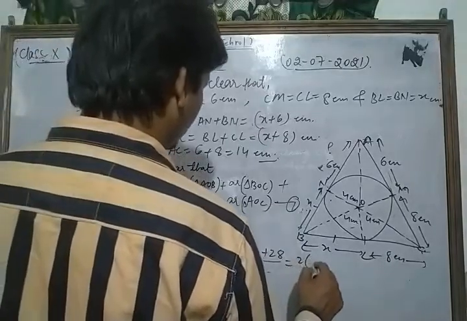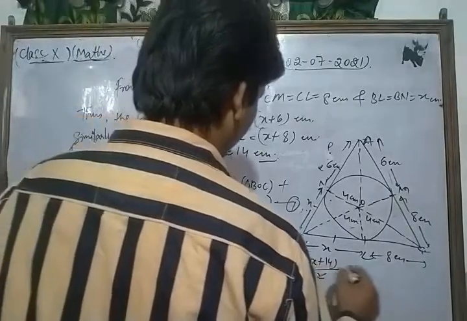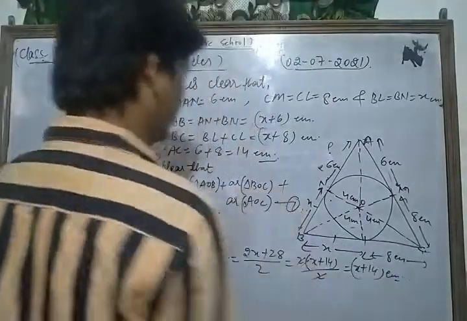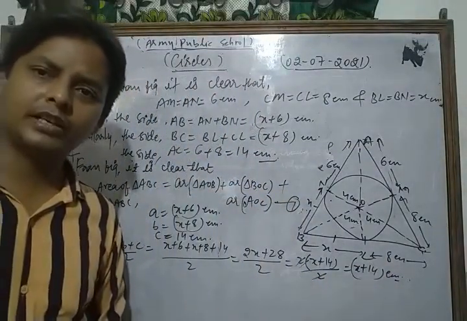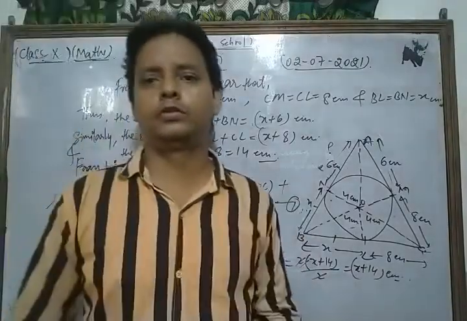Taking 2 common, 2 cancels, so we get x plus 14 centimeter. Thus, dear students, the semi-perimeter of triangle ABC is x plus 14 centimeter.